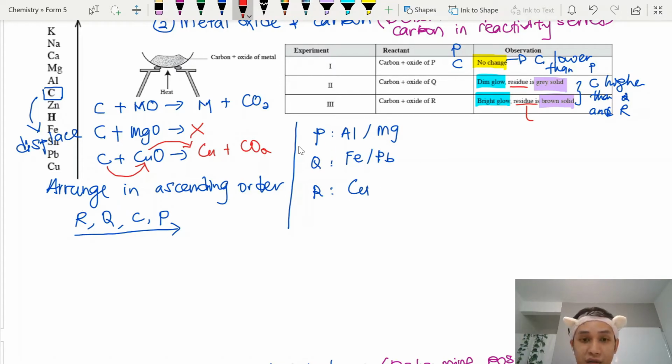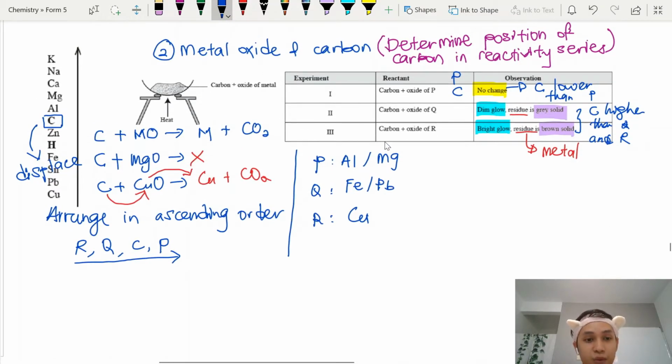For colors of the metal, which is your residue here, your residue is referring to this one, your metal. You need to remember the colors of the metal. Then only you are able to suggest the name of the metal. So that is how we identify the reactivity series for the reaction between carbon and metal oxide.